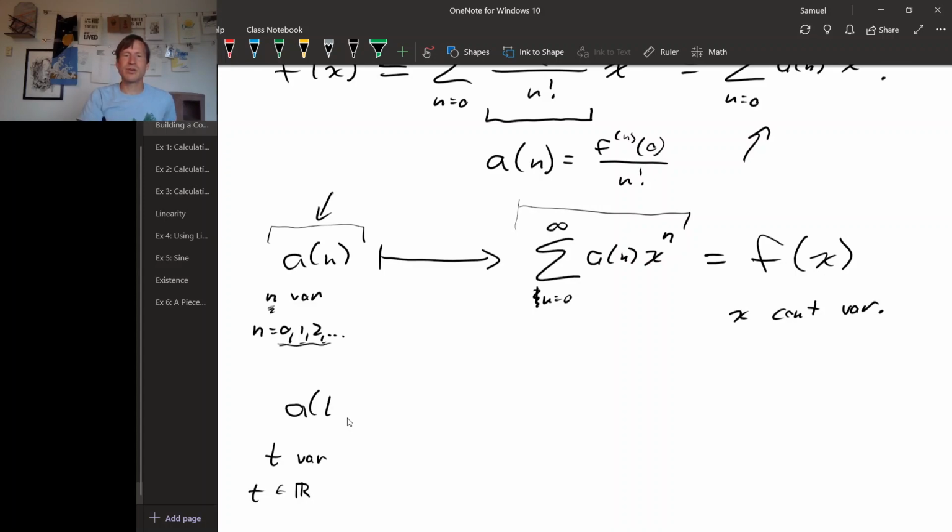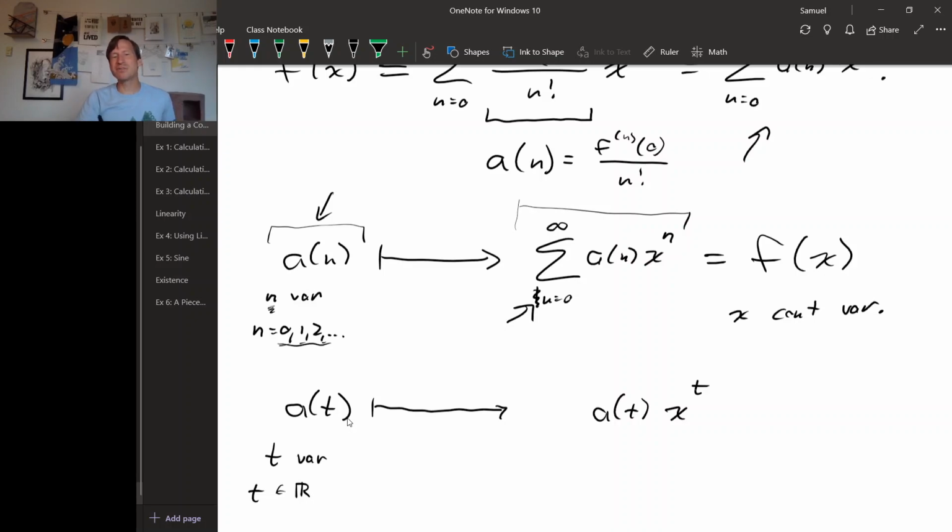So we're going to start with a function of t, and we'll do the same sort of thing. We'll have a of t times x to the t, but since t is continuous, we can't have a sum, right?